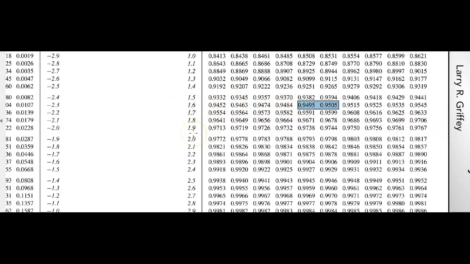The z-score for this one is 1.64. Perform the calculation with me. 1.64 plus the z-score for 0.9505, which is 1.65, equals 3.29, right? Divide the answer that you have in your calculator by 2.